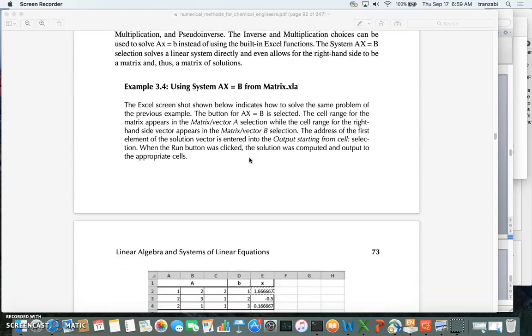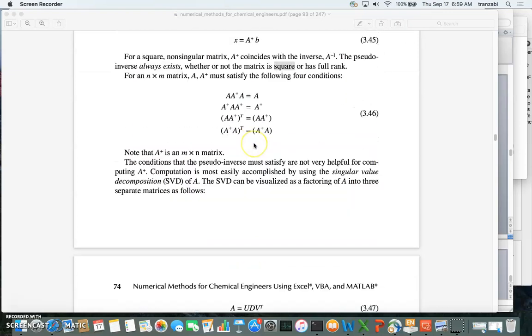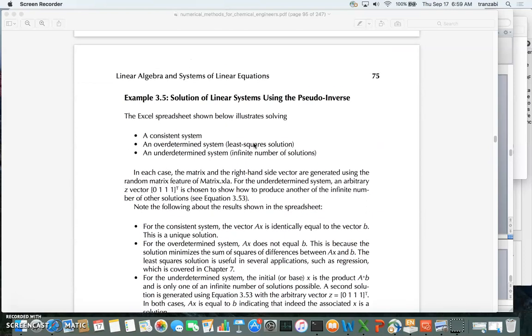If you go to page 75, I'll be showing example 3.5, which has 3 different cases: a unique solution, an indefinite number of solutions, and a no solution case.